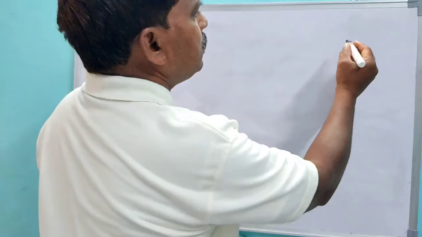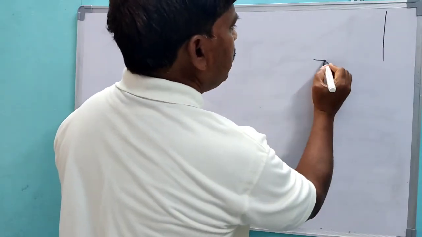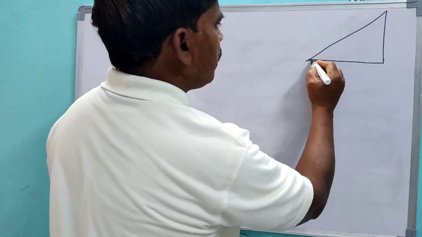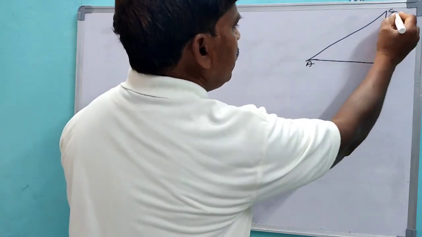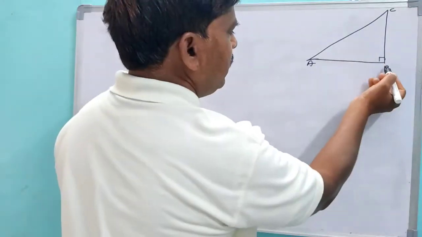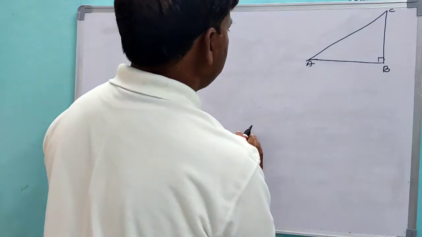Okay, take a triangle ABC in which angle B is equal to 90 degrees. So AC is the hypotenuse.